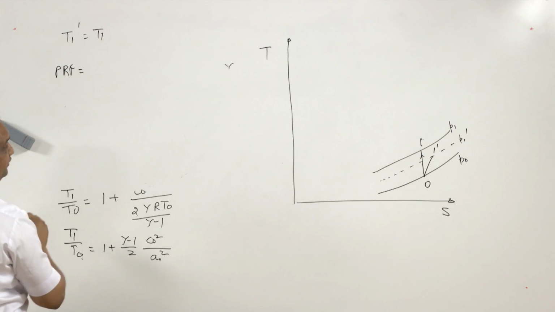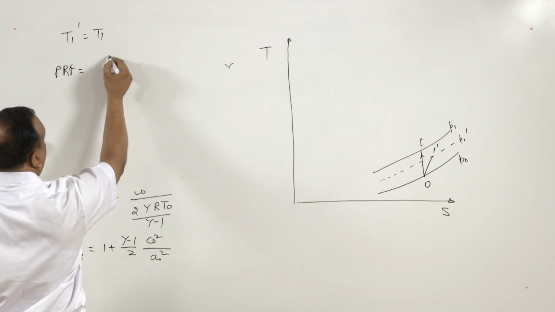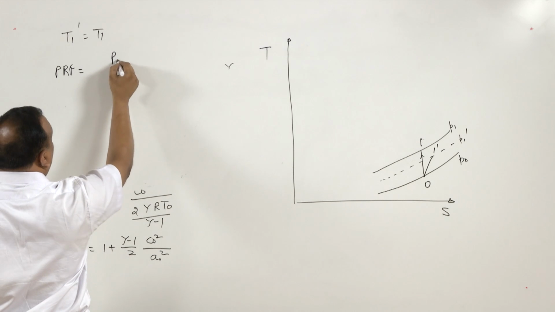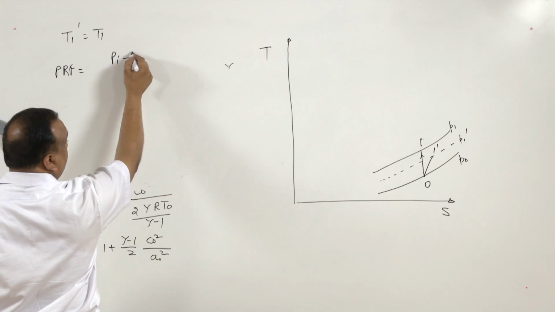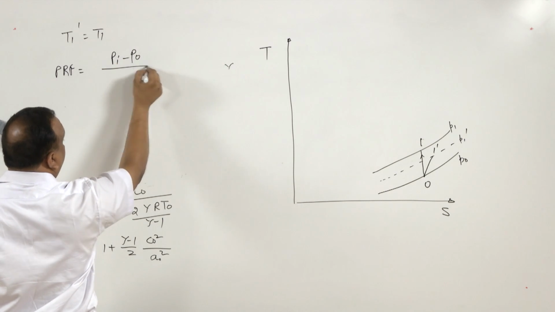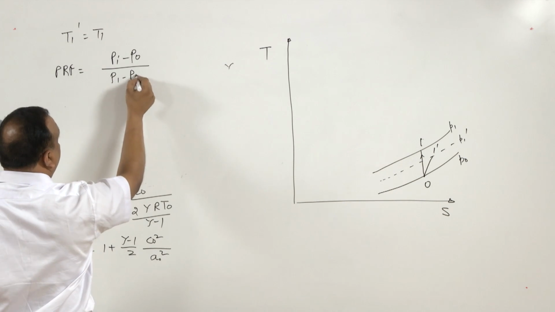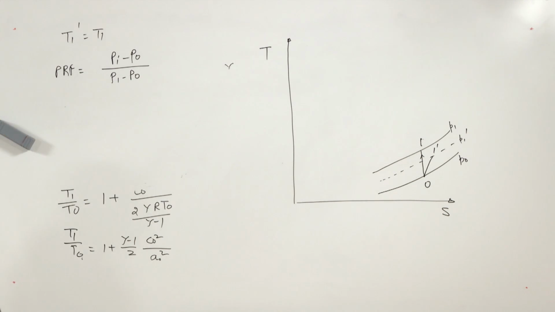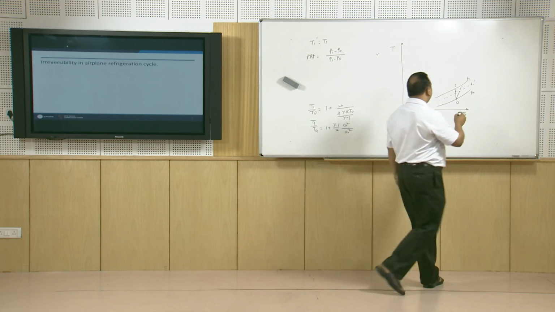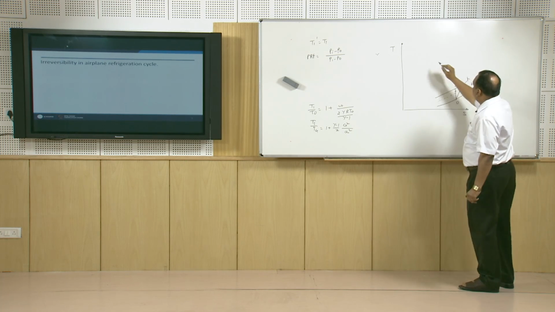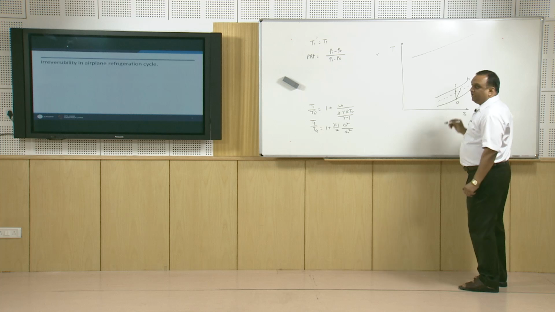Pressure recovery factor is P1 dash minus P0 divided by P1 minus P0. After attaining state 1 dash, the air goes to the compressor.